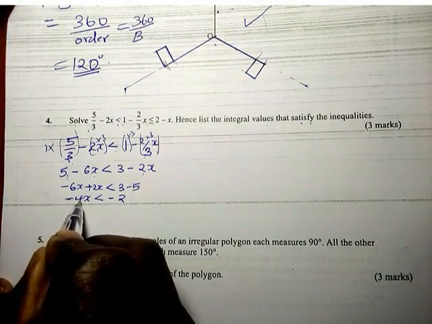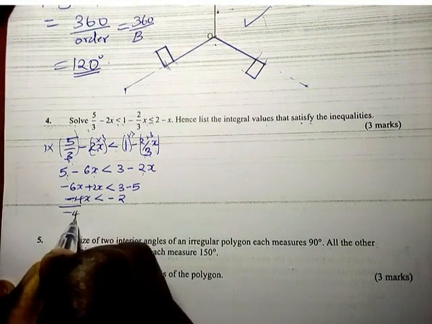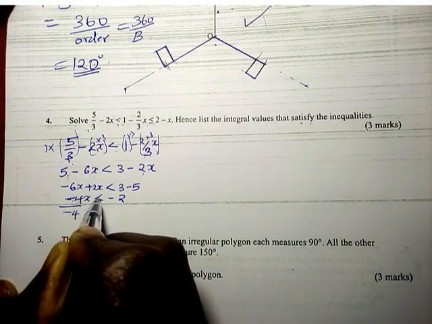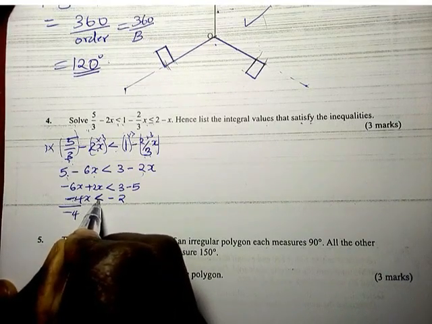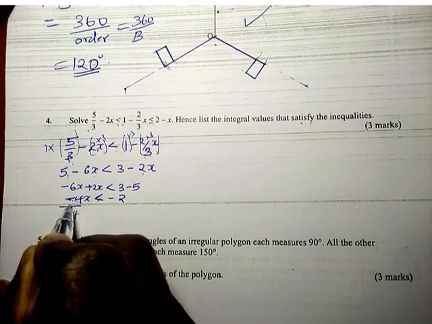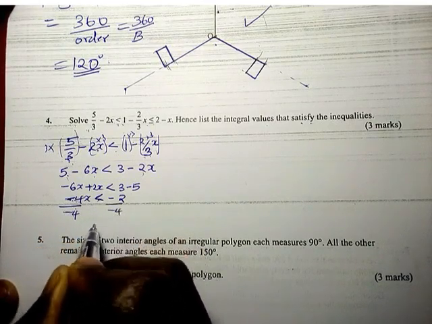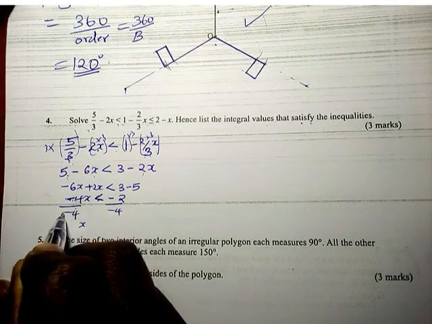Our value yenye ina contain x is negative. So we are going to divide by negative 4. Siku zote ambazo ukidivide by a negative value na una deal with inequalities, the sign of this inequality will change. Immediately we divide with a negative number here. So divide by negative 4. So our x is going to be, this one will change kwa sababu divide by a negative.